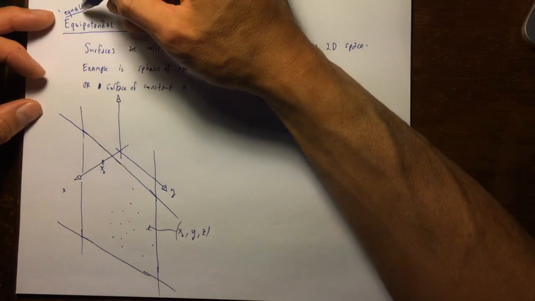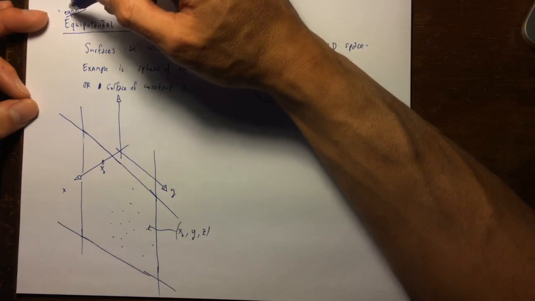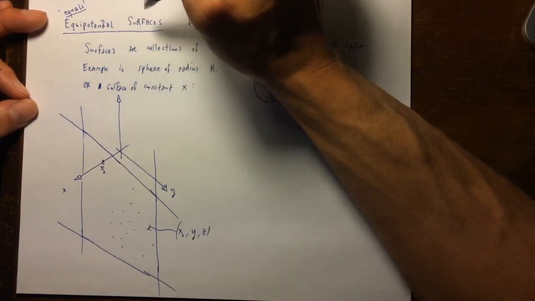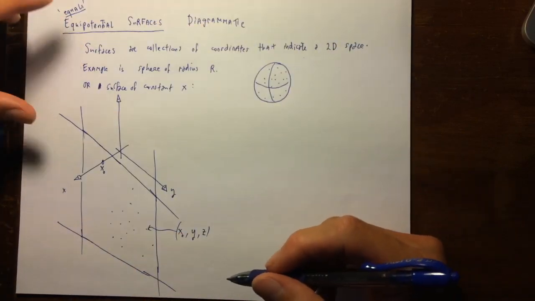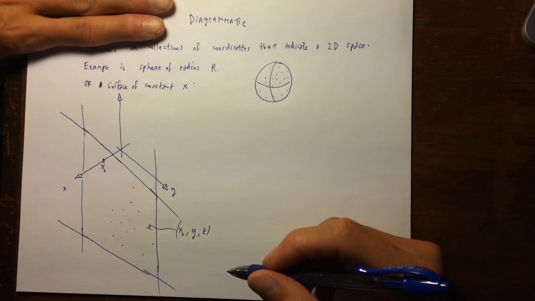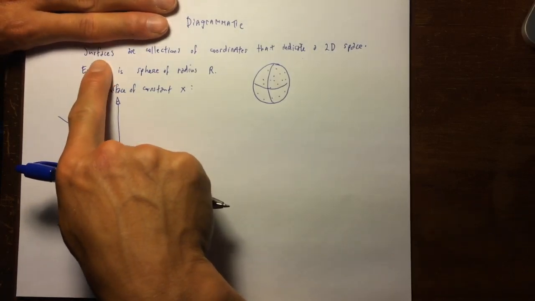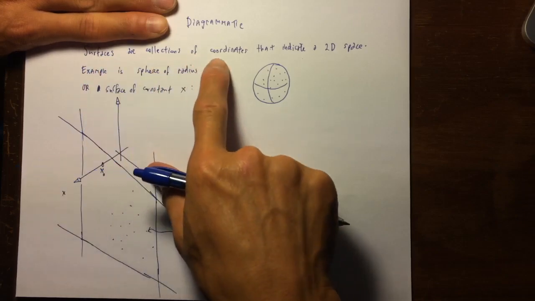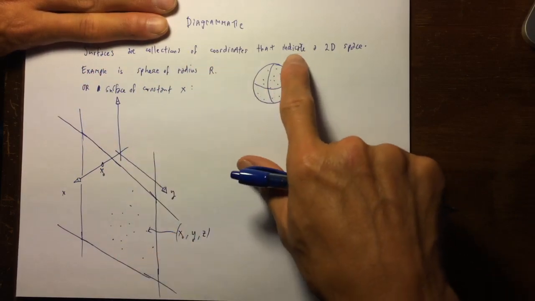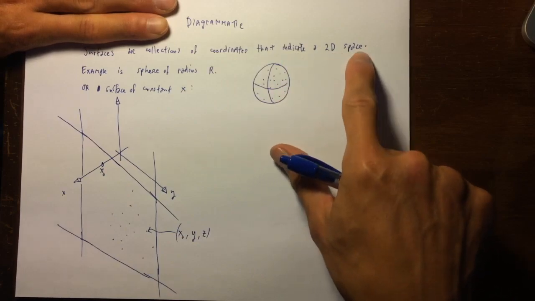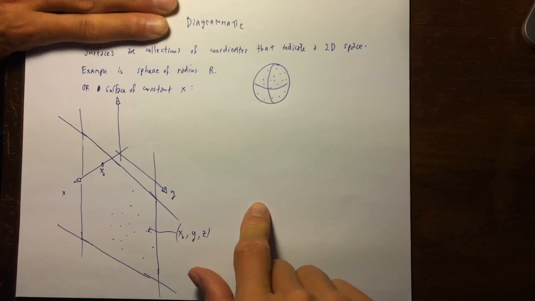So these are all the potentials are equal, or equal potential surfaces. So let me start by describing not equipotential surfaces, but just the idea of a surface. A surface is a collection of points or coordinates that indicate a two-dimensional space. So surfaces are 2D is what we're talking about.